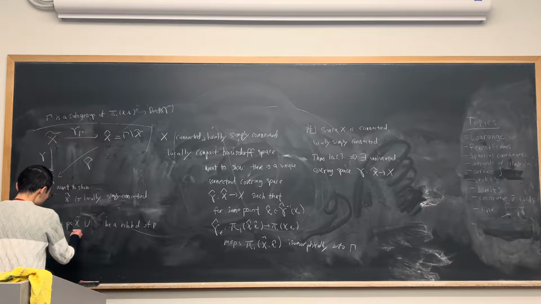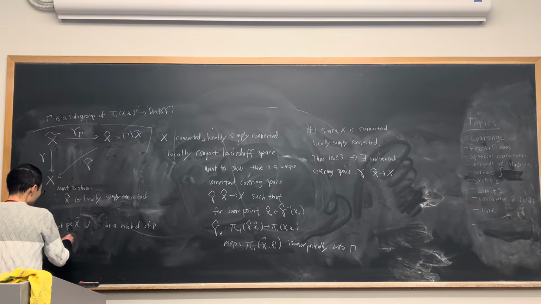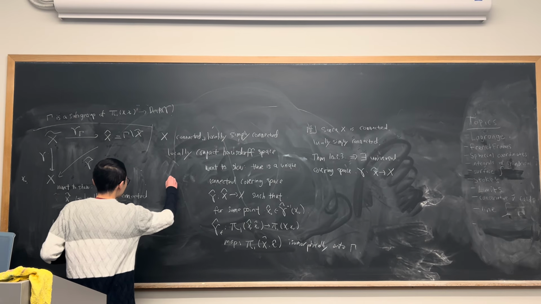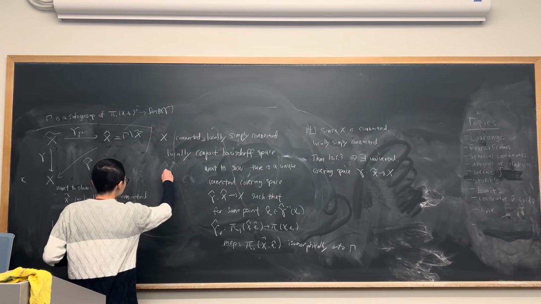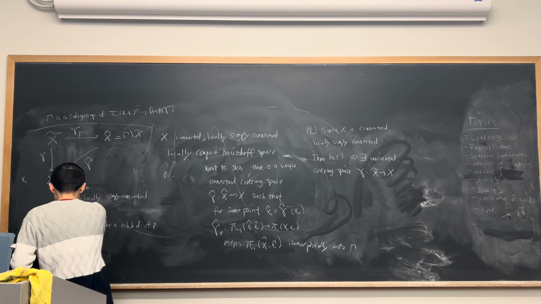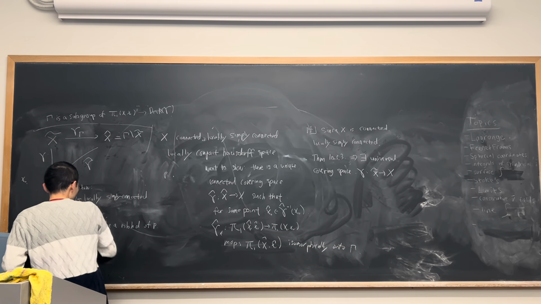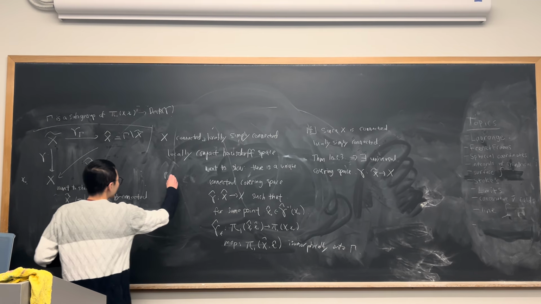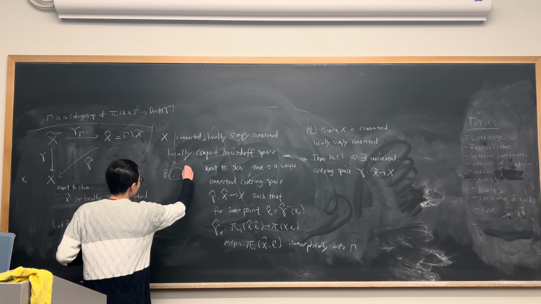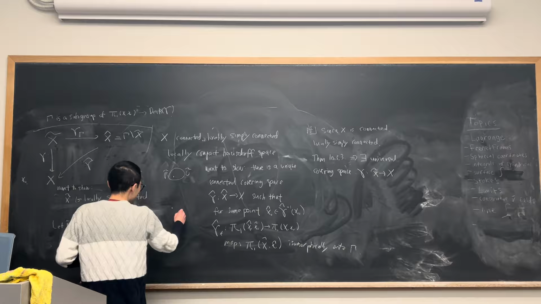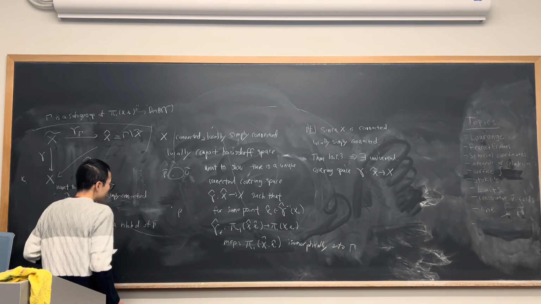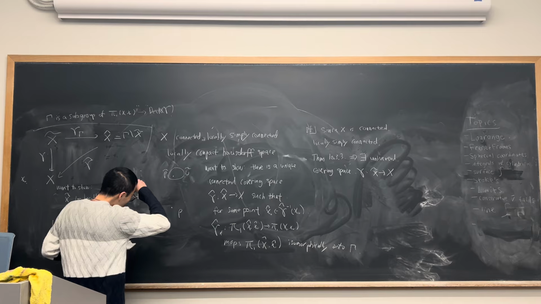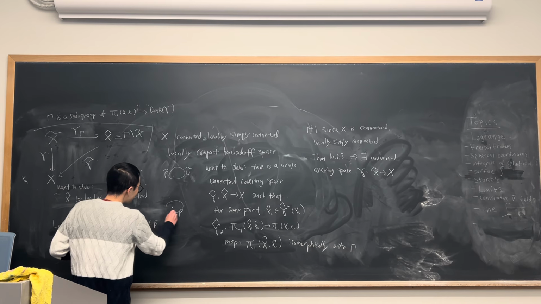We project it down, so we'll pick a point P in this X tilde. Sorry, let's call this P tilde, and then this U tilde, and then let's do a projection P. Now let's call this neighborhood U.